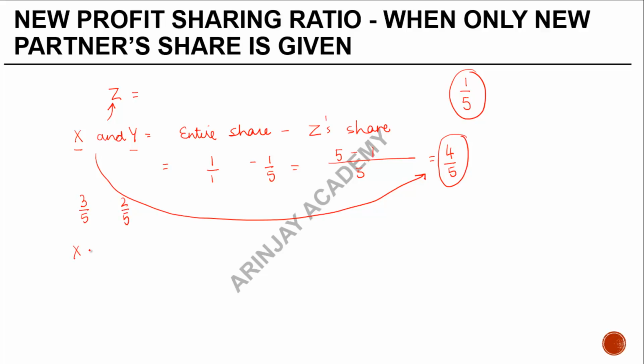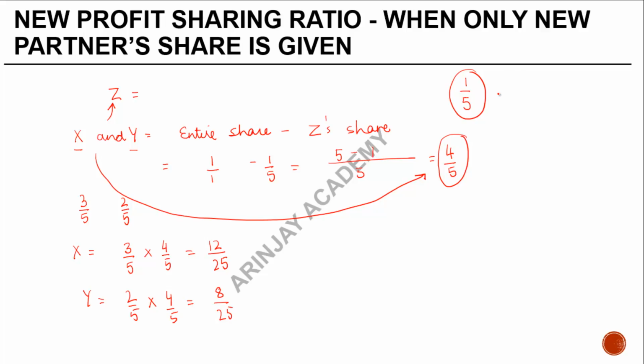Or in other words, X would get 3/5 of 4/5, which is 12/25. Y would get 2/5 of 4/5, which is 8/25.